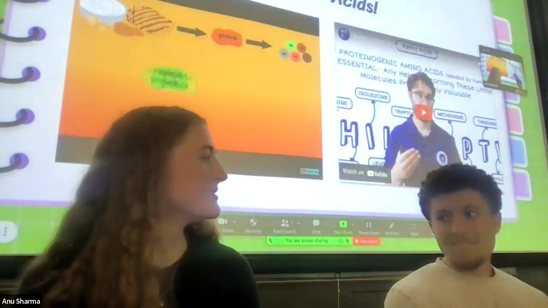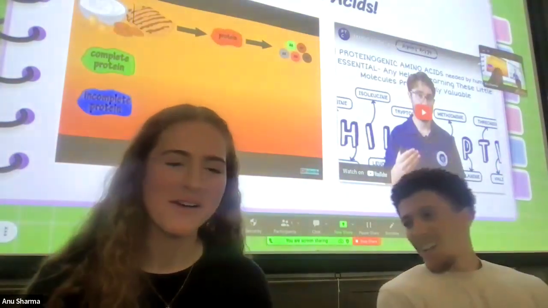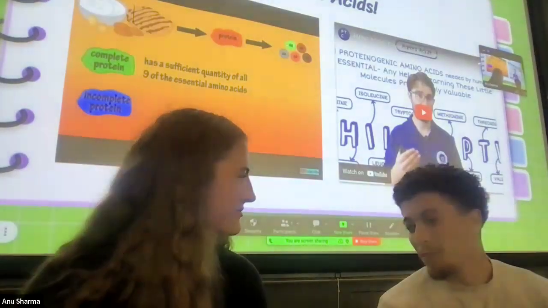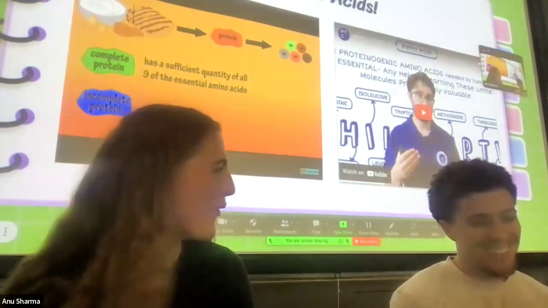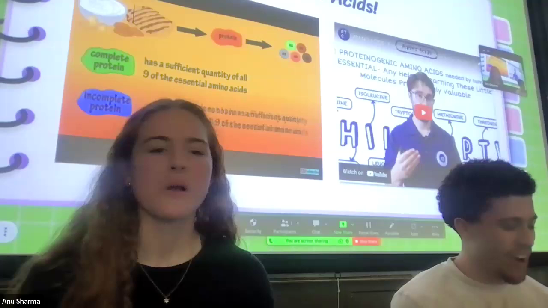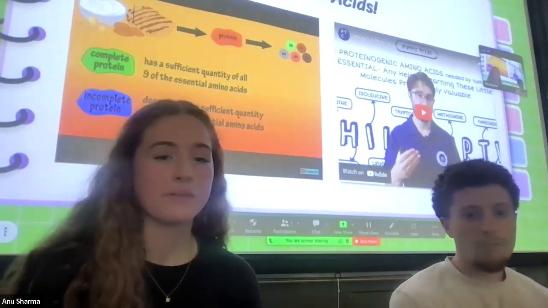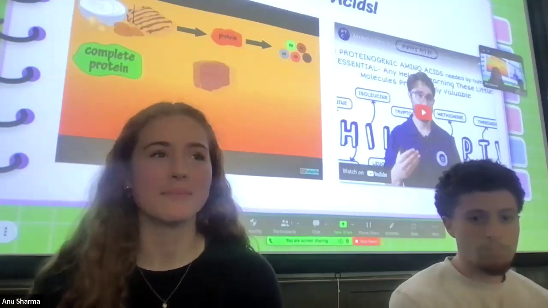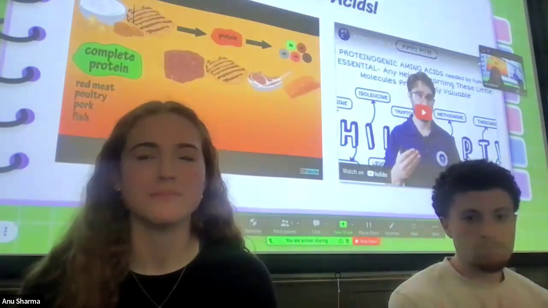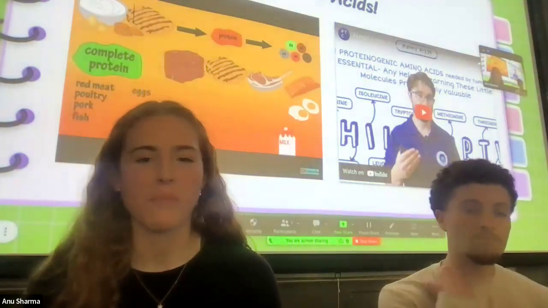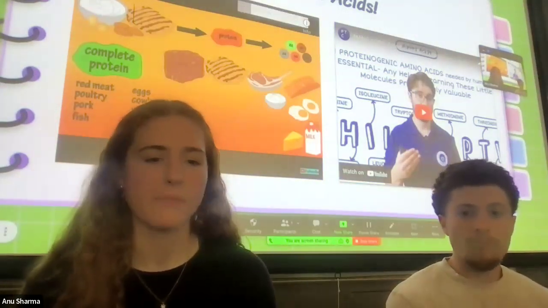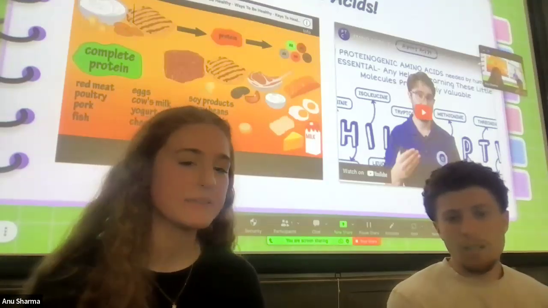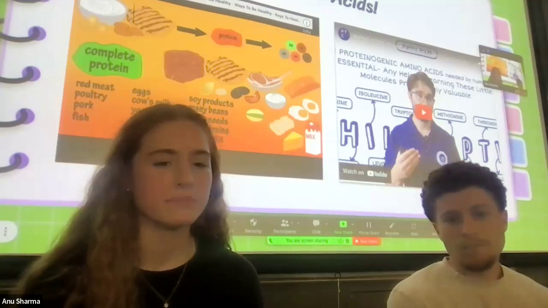Protein is often classified as complete or incomplete protein. A complete protein is a protein source that contains a sufficient quantity of all 9 of the essential amino acids. An incomplete protein does not. Complete protein foods include animal foods such as red meat, poultry, pork, and fish, eggs and dairy products such as cow's milk, yogurt, and cheese, and plant foods such as soy products, black beans, kidney beans, pumpkin seeds, quinoa, and pistachio, just to name a few.